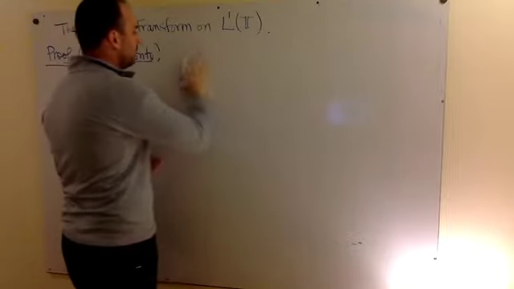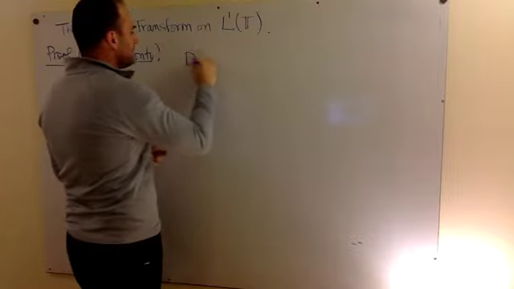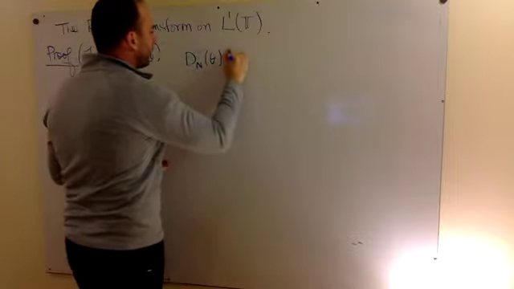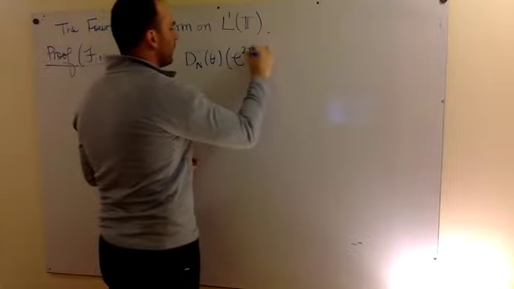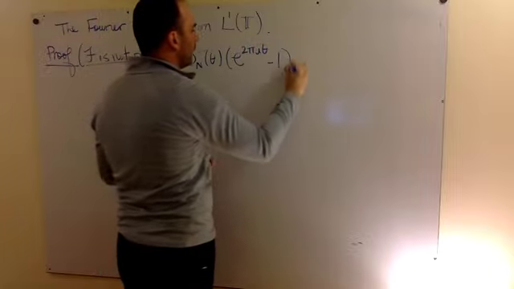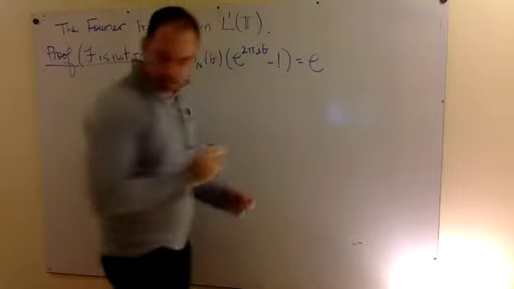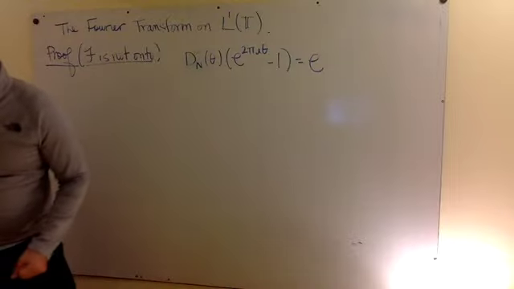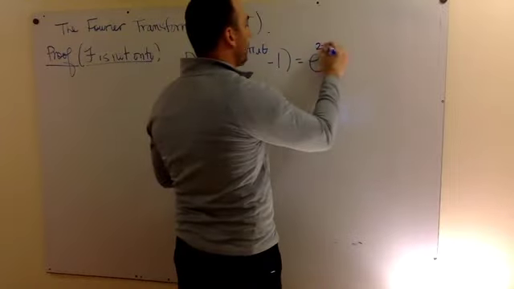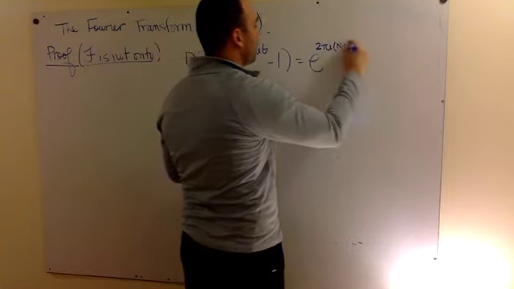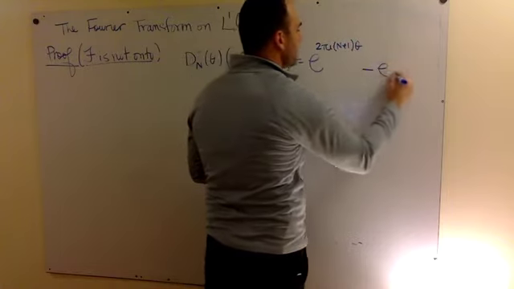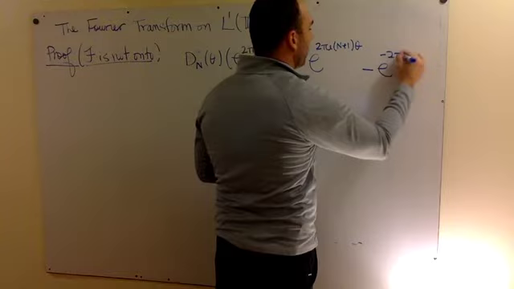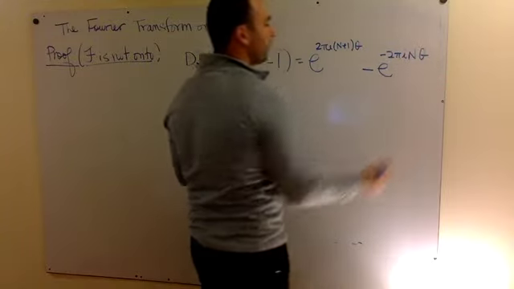And so what I get if I factor out my D_n theta from that, I get e to the 2 pi i theta minus 1 equals e to the 2 pi i (n plus 1) theta minus e to the minus 2 pi i n theta.